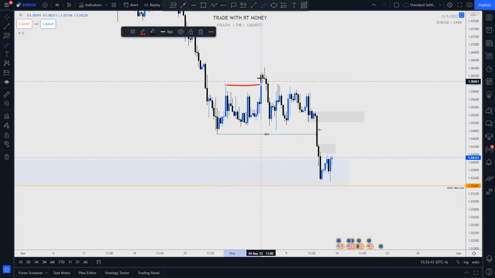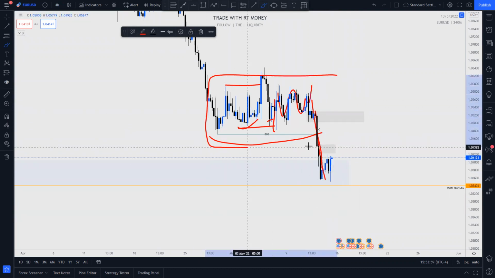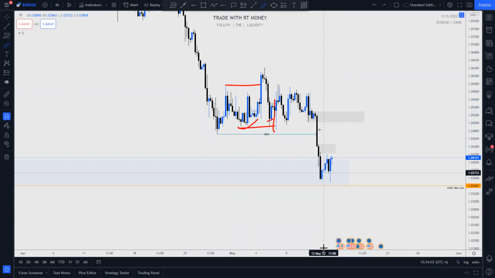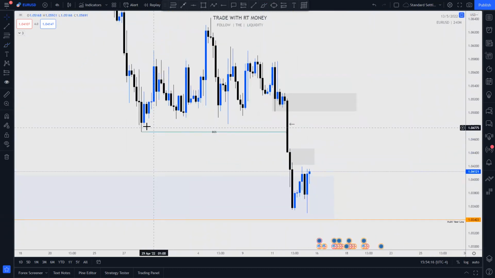Building liquidity, taking it, building liquidity, then taking it, and again and again until we finally sweep the lows for a breakout of this consolidative structure here, right? We broke that low, and frequently, what you'll see is price comes back and tests that low that was broken, if it's important enough, okay?